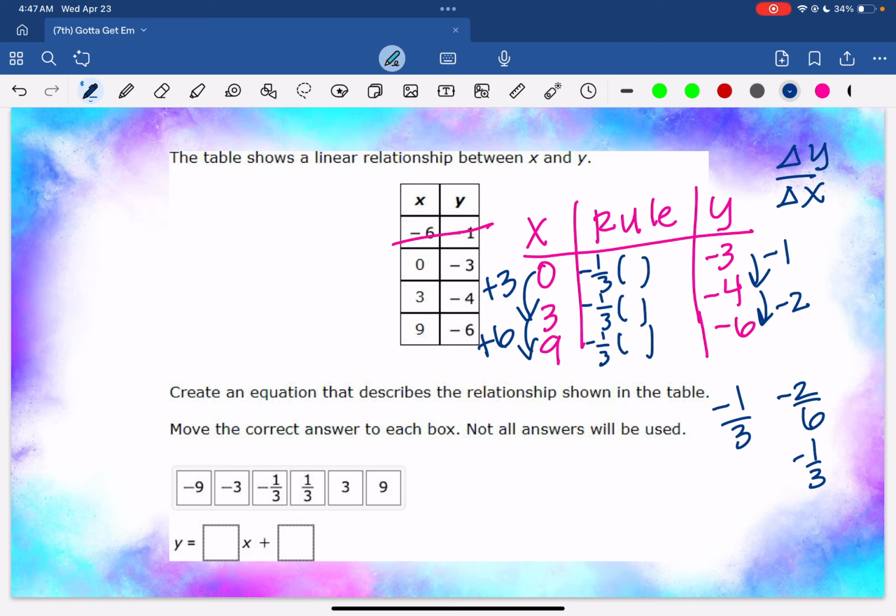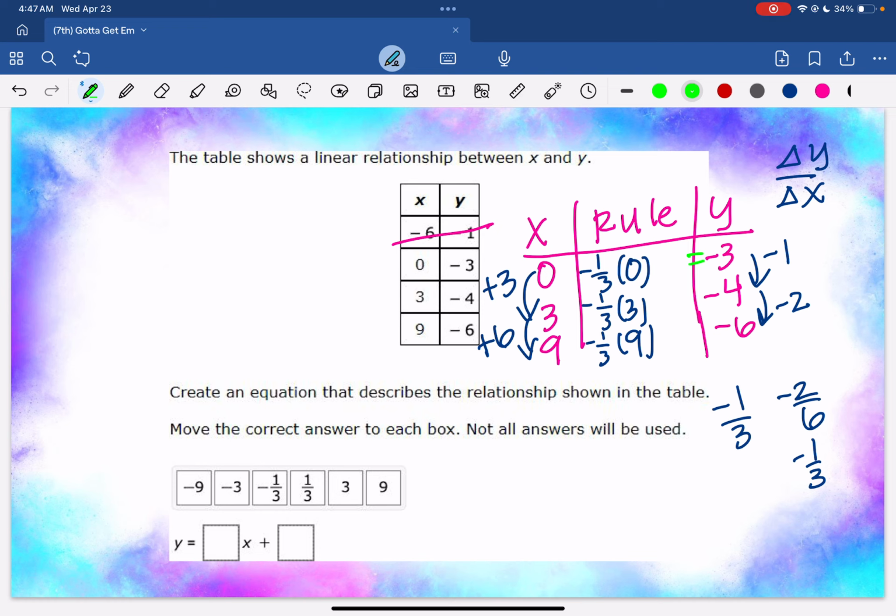I'll plug in my X values in the parentheses, and then we're going to multiply our rate of change times our X value. Well, anything times 0 is 0. So it's supposed to equal Y. So negative 1/3 times 0 is 0.